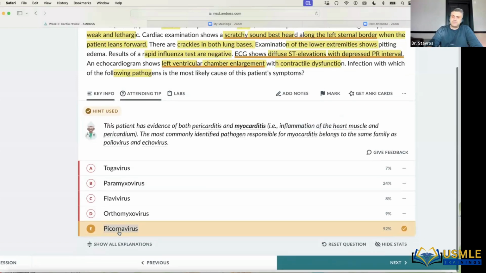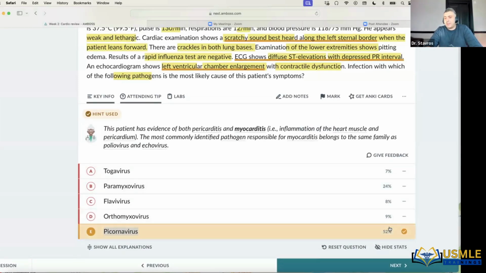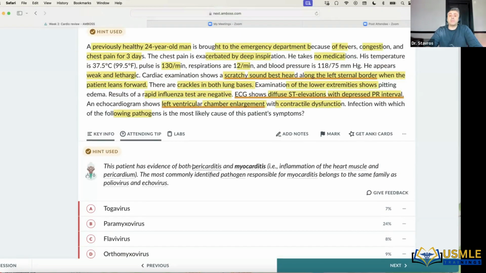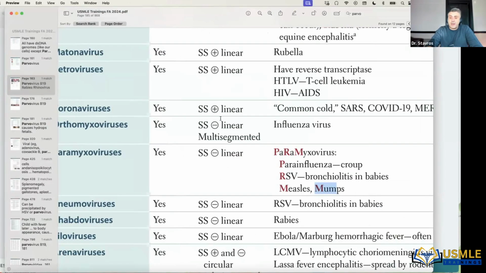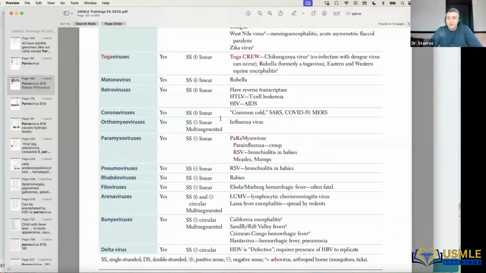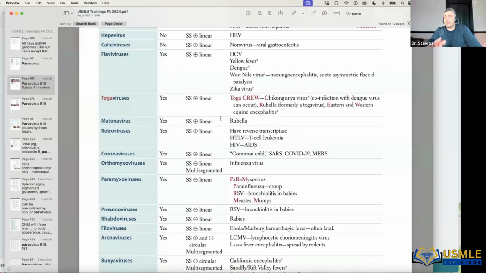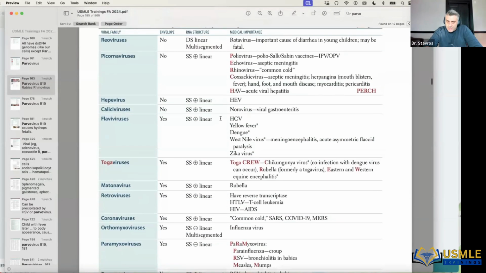So I know it's challenging, but think of it this way. 52% got it right. I know most of you knew it was peri and myocarditis. The problem is we're stuck because we don't know how to move on from here. So when you learn this information, it's up to us as a team to try to conquer most common things in tables like this and make it easy for ourselves.